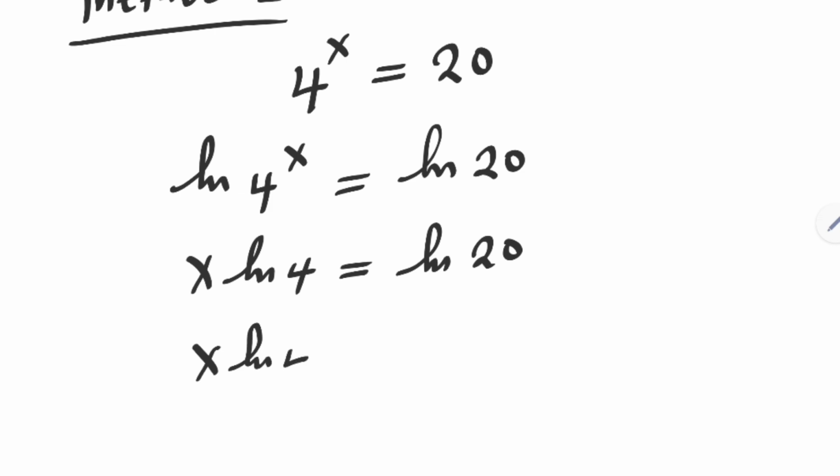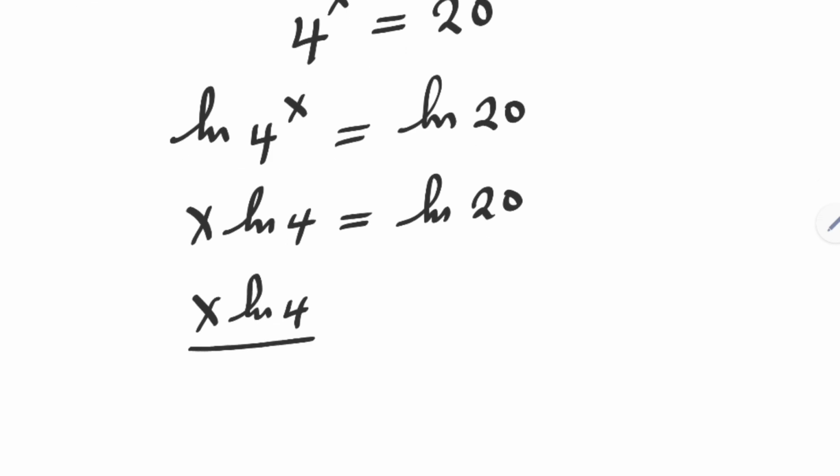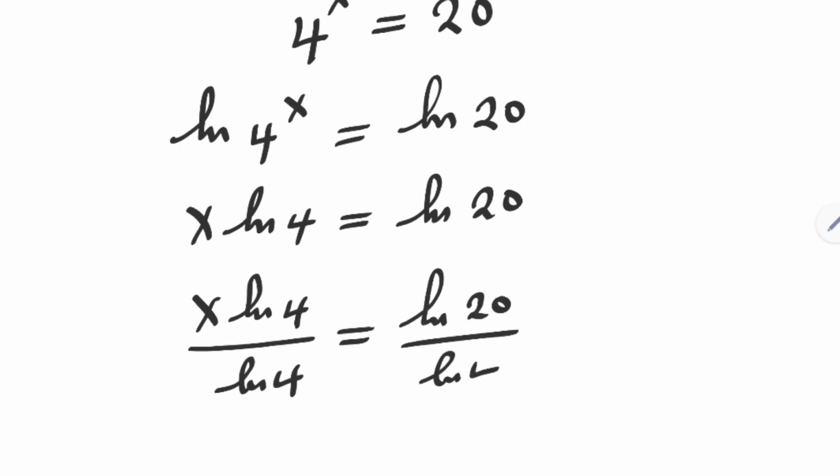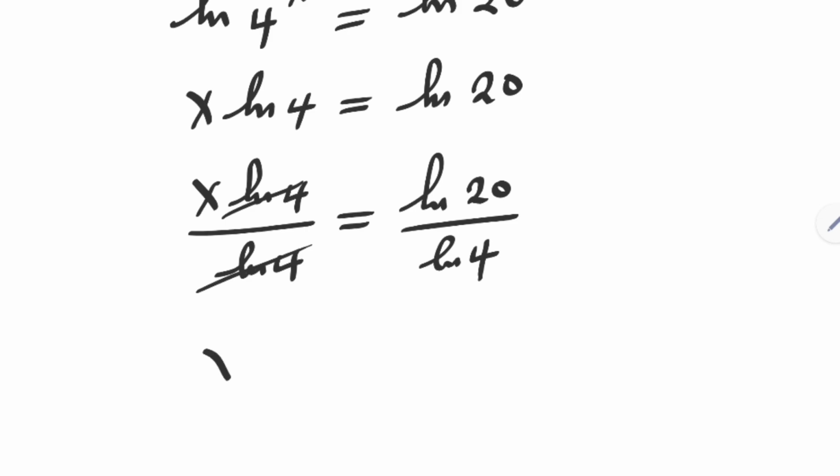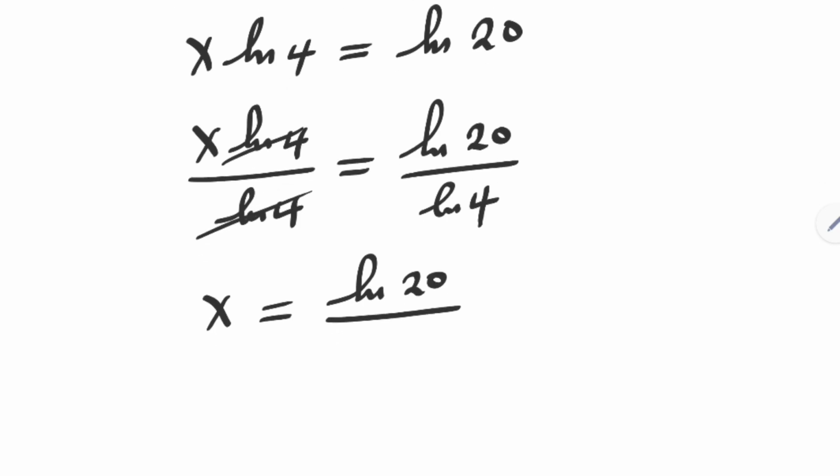S ln of 4 divided by ln of 4 is equal to ln of 20 divided by ln of 4. That is, if you divide the whole of the equation by ln of 4, this ln of 4 cancels this ln of 4. S is equal to ln of 20 divided by ln of 4.